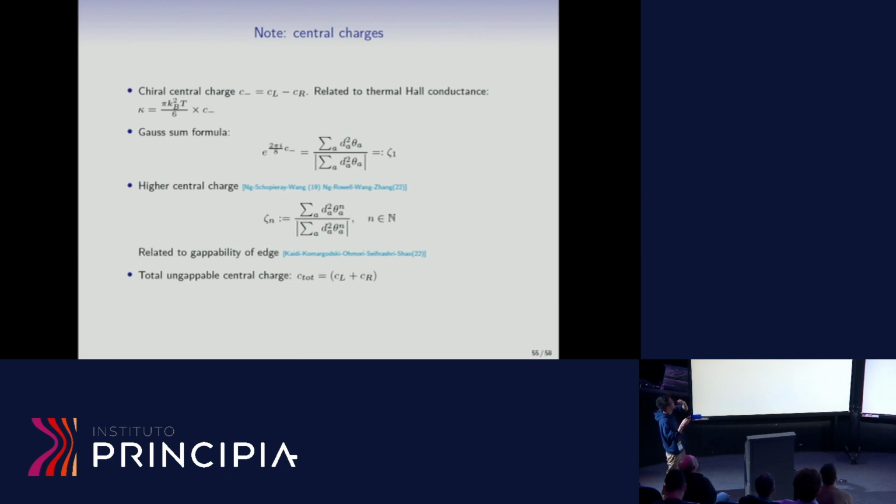So we already discussed the chiral central charge, and then there's also the total central charge, but it makes sense to focus only on the ungappable part of the central charge. So this is the total ungappable central charge, okay? So some results depend on the chiral central charge, the others depend on this total central charge.